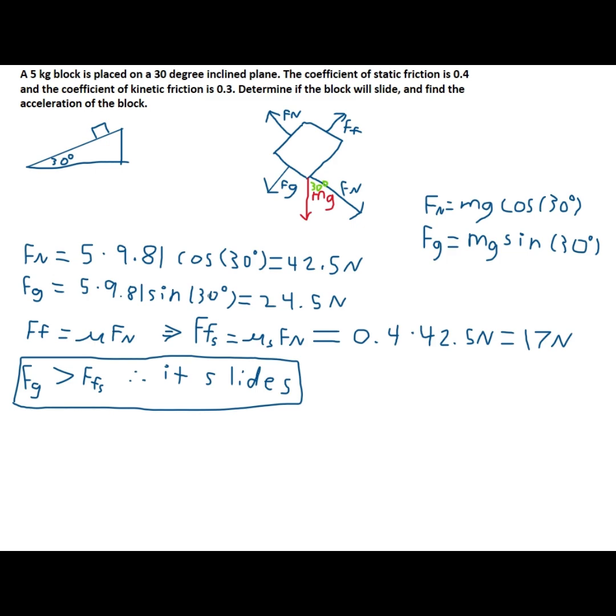Now let's calculate the acceleration. For this, we'll need to use the coefficient of kinetic friction because it involves the movement of the block. So the force of friction for the kinetic friction, I'll put a little k to mark it as kinetic, is the coefficient of kinetic friction times the normal force.